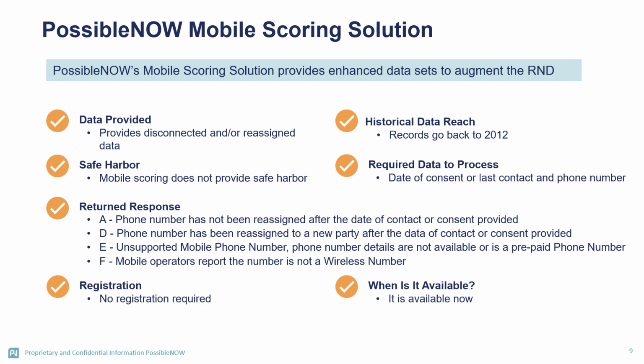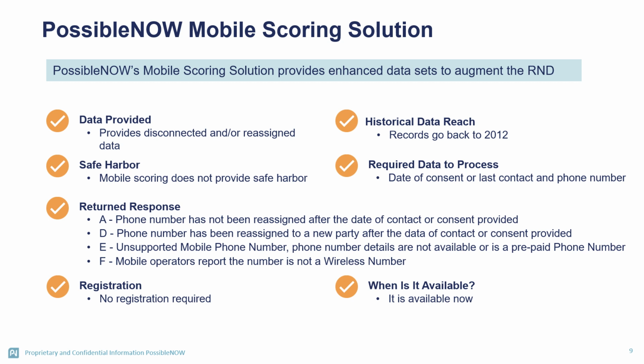And for some companies, they might have phone numbers that they've captured well before January of 2021 that they need to identify if those numbers have been disconnected and reassigned. And so mobile scoring can help companies do that. So we can use mobile scoring for phone numbers that go all the way back to 2012, so that you can status those phone numbers and see if they've been reassigned before or after the January 2021 date for the R&D.